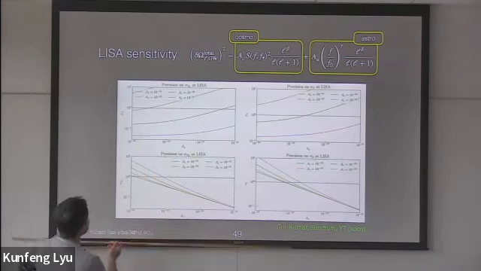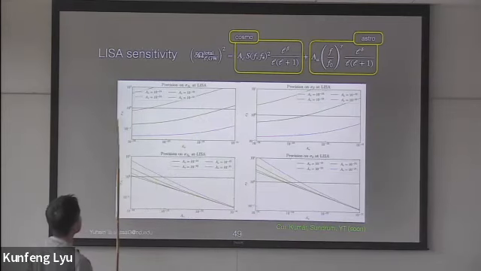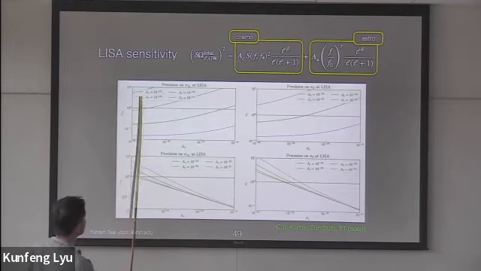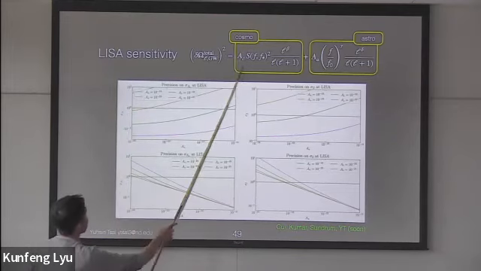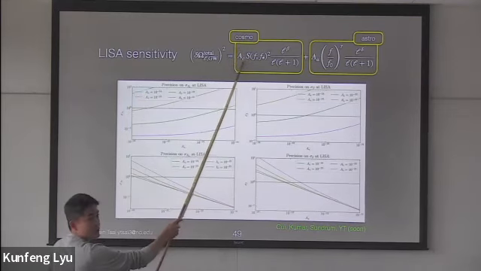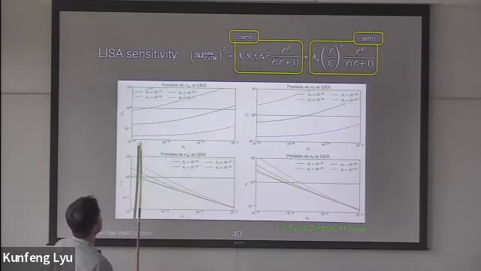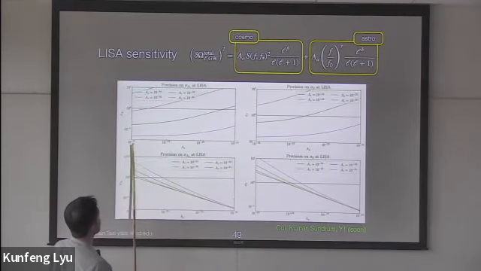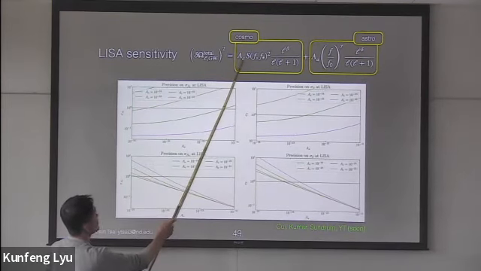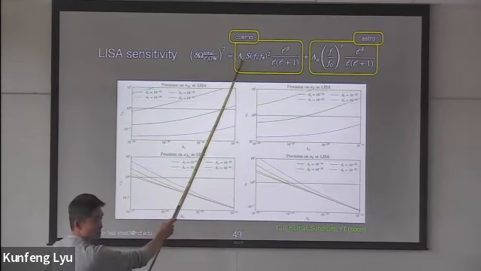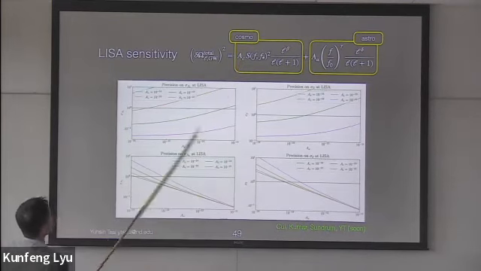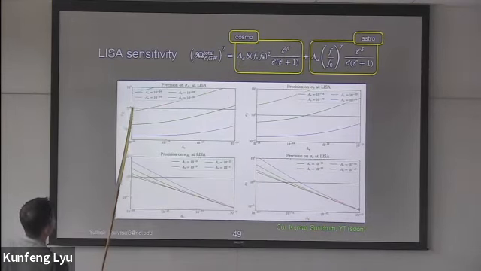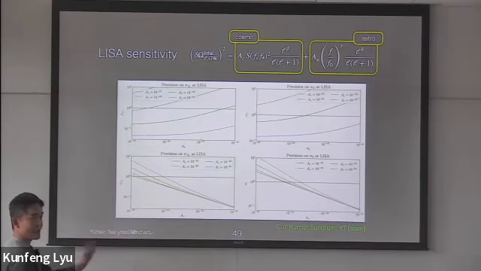Okay, and this plot shows the uncertainty for measuring a quantity. Sorry, this is too small, but for this plot, the y-axis is the uncertainty for the amplitude of the perturbation, assuming different sizes of the foreground. Of course, if the foreground is larger, the ability of measuring it would be less powerful. If this number is larger than 1, that means the uncertainty is larger than 100%, so we won't be able to learn anything.